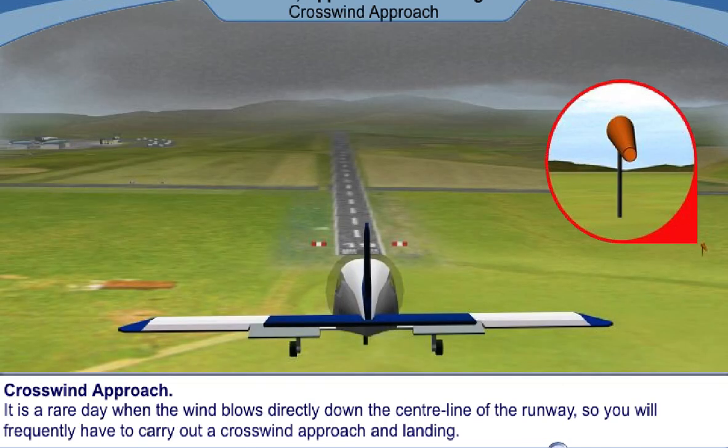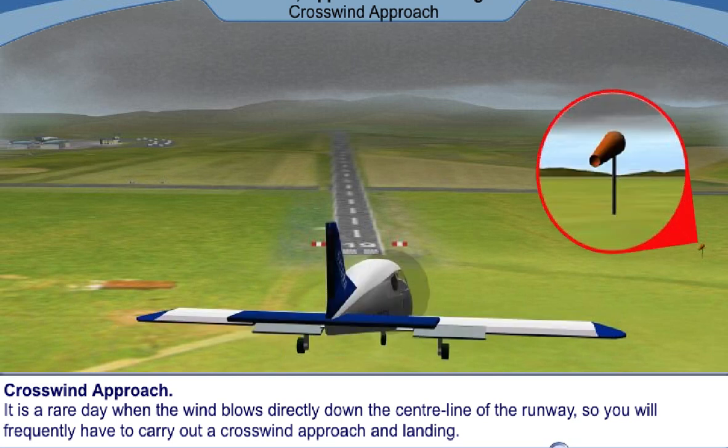You've already learnt that whenever possible an aircraft takes off and lands into wind. However, even if an airfield possesses several runways, it's a rare day when the wind blows directly down the centre line. Consequently, you'll frequently have to fly an approach and landing with some degree of crosswind present.